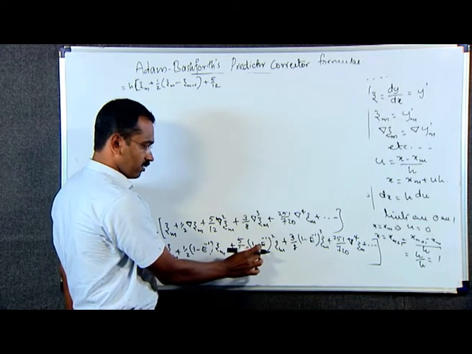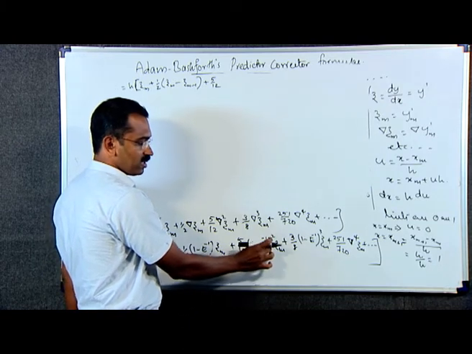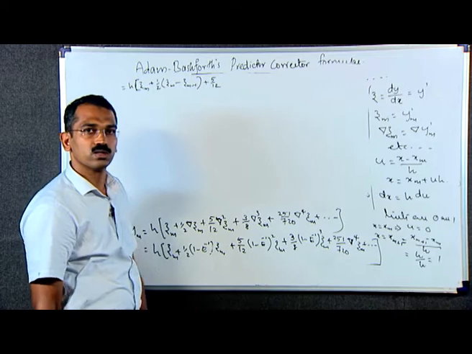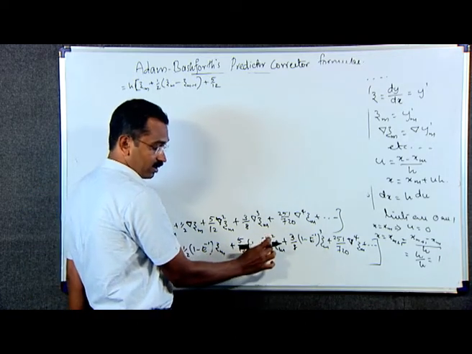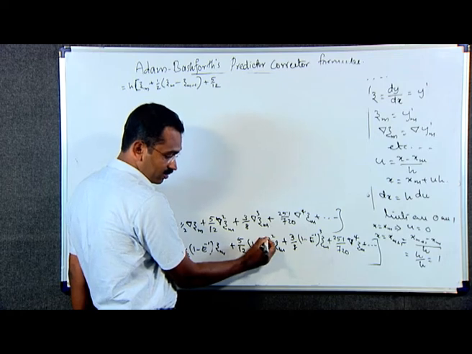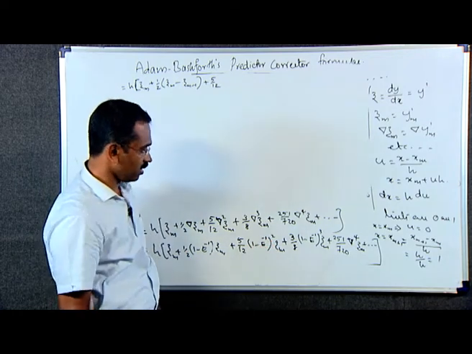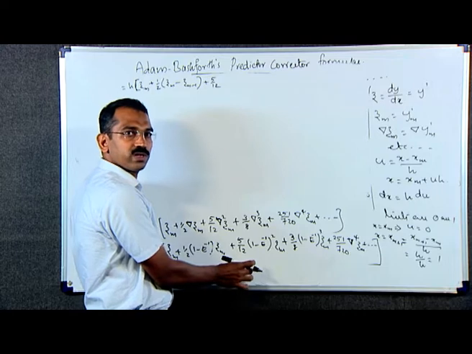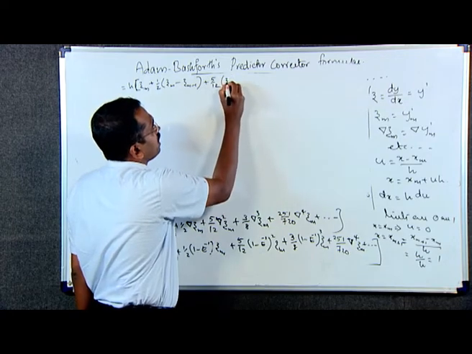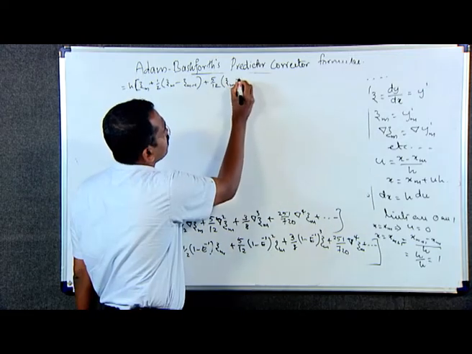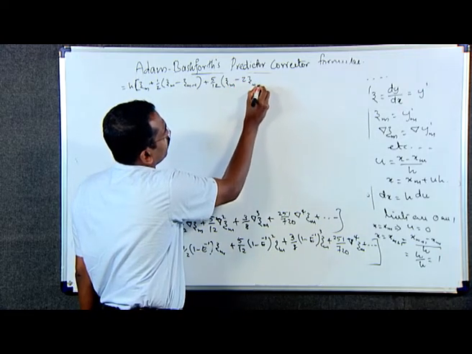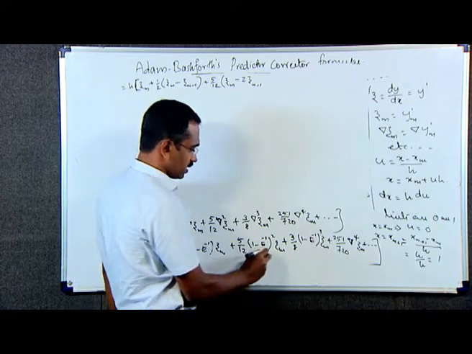Here we expand (1 minus E inverse) whole square and do the corresponding operation. We will get this term as 5/12 into Z_m minus 2 times Z_{m-1} plus Z_{m-2}.